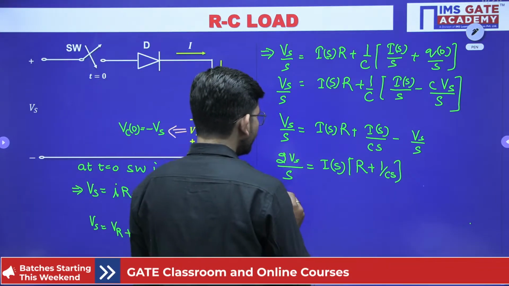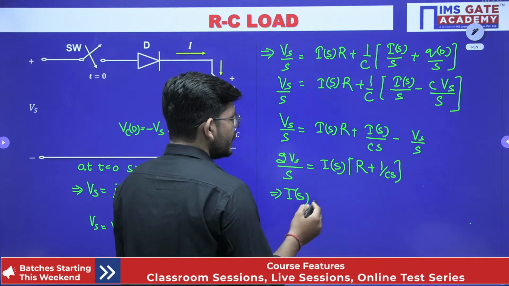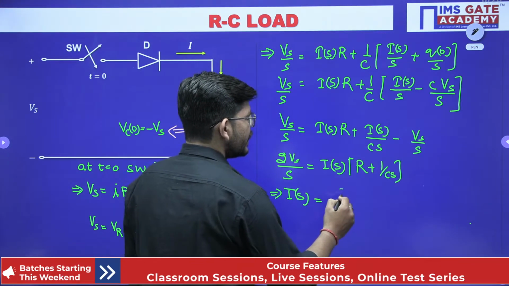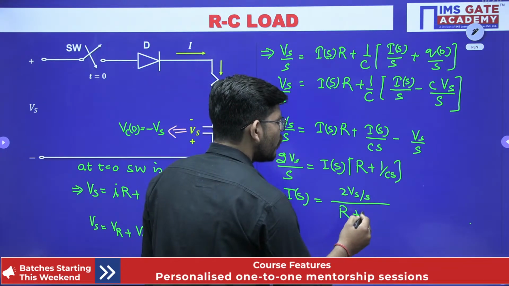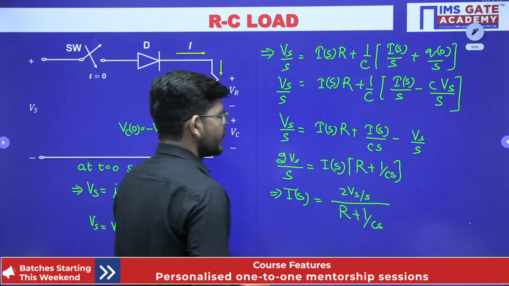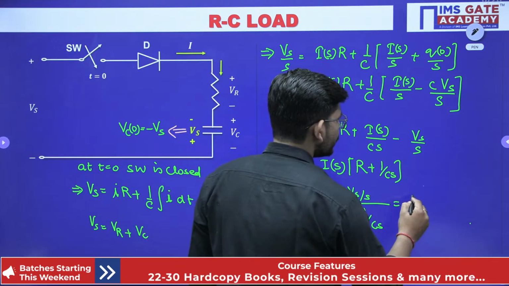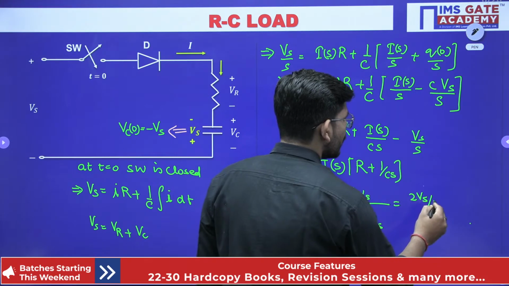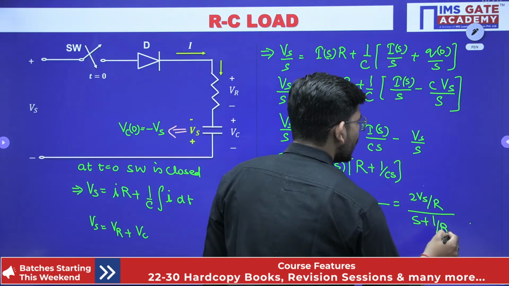If I solve it again for the current Is, initially I will get the expression 2 Vs upon S upon R plus 1 by Cs. This will be my expression, and if I solve this further, I get 2 Vs upon R, then S plus 1 by RC.